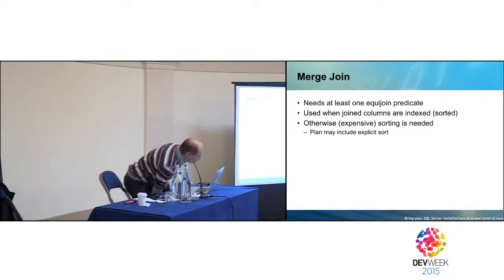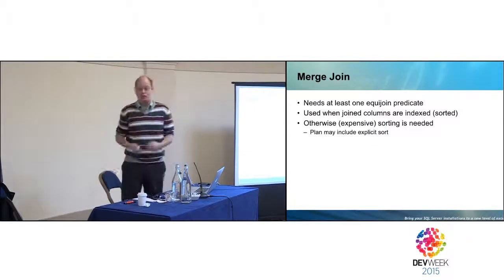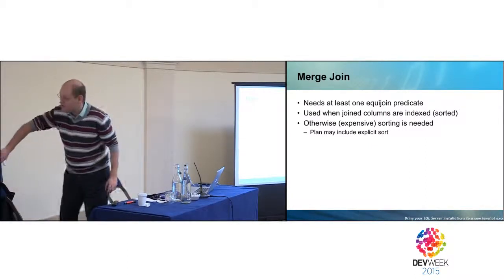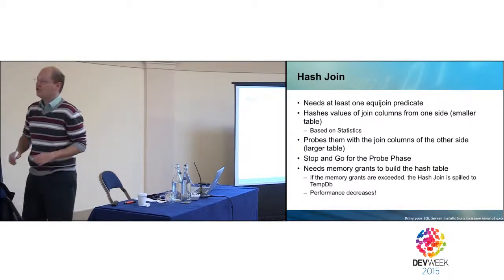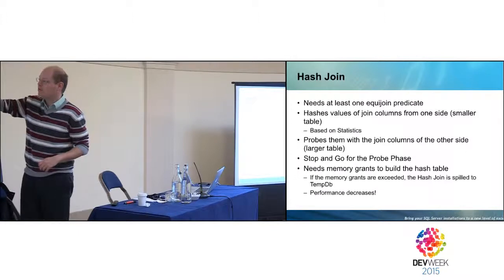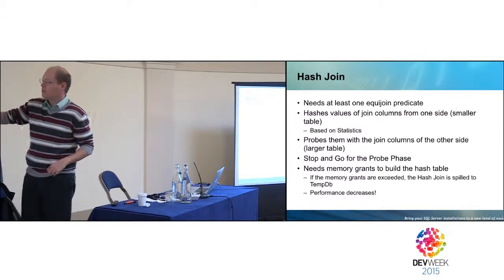And the hash join is the third join operator which SQL Server implements on the physical level. Imagine again we have both of our tables, table A, table B. Again we have some input values.